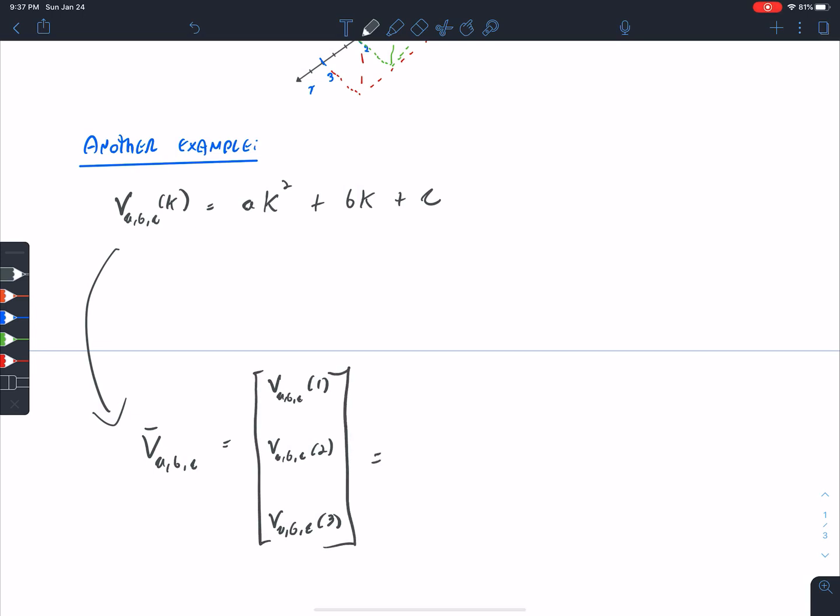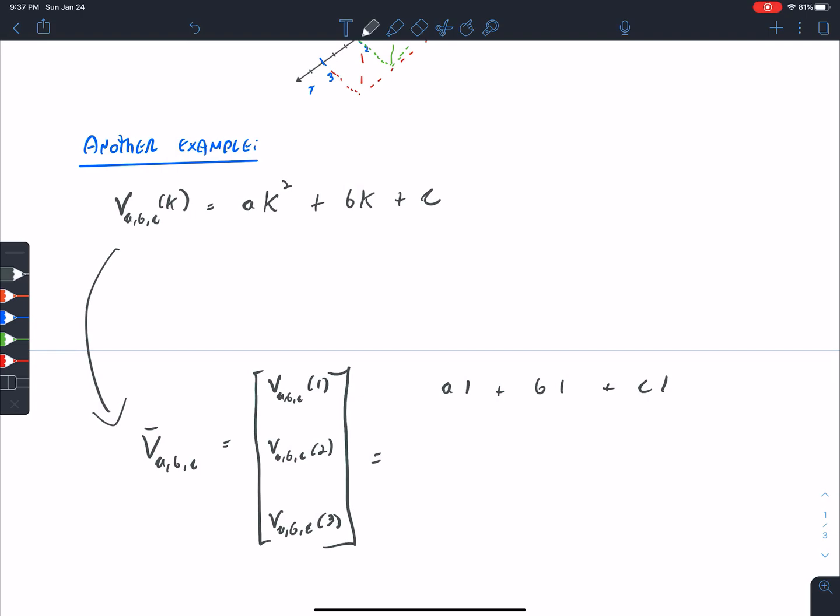So that's our vector. And once again, we can plug in what we know for the model. In this case, we're looking at that specific model. So let's plug that in. So the first term is going to be a k squared plus b k plus c. Oops, sorry, I should have been plugging this in, so let me erase this. So this is going to be a 1 squared, so I'll just write a1, right, plus b1 plus c, and again I'll write times 1.